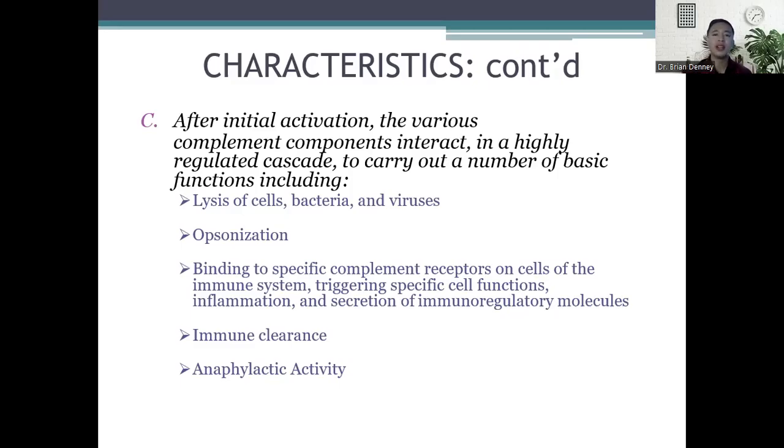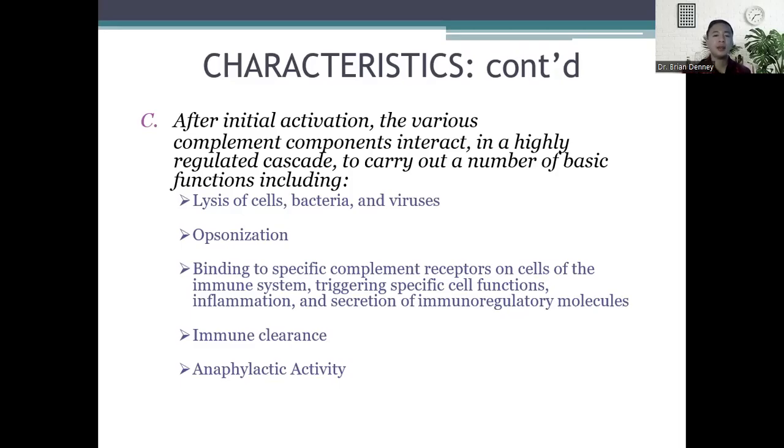So number one, it causes lysis of cells, bacteria, and viruses. And you know already from the first slide that I have shown how lysis looks under an electron microscope. And then this also causes opsonization.